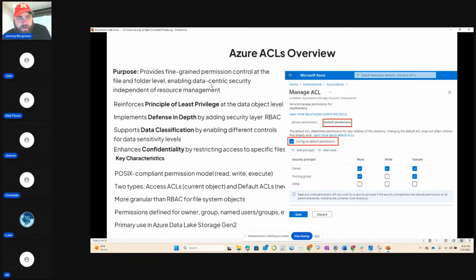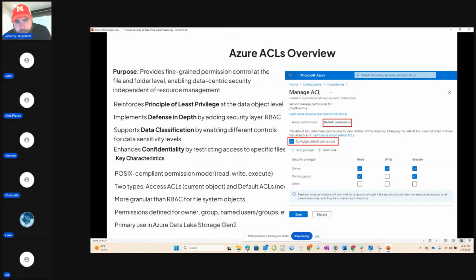What it does is provide fine-grained permission control at the file and folder level, enabling data-centric security independent of resource management. An example here would be if you had this data lake, maybe it's Contoso store, and then one of your folders is my container.